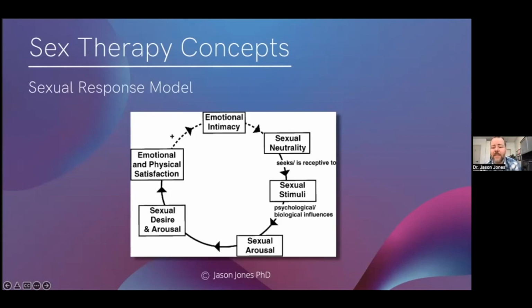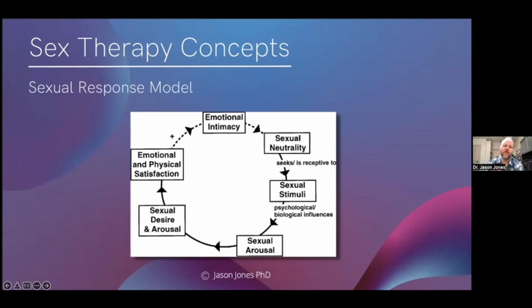Of course, neutrality doesn't mean anything except there's receptivity. So it doesn't mean that it's always going to work. There still has to be specific sexual stimuli that actually fit for that person with what they want and how that helps them to turn on in terms of a desire or an arousal state.